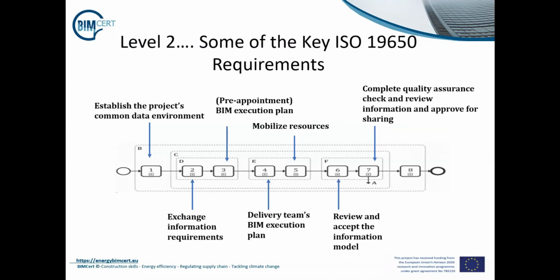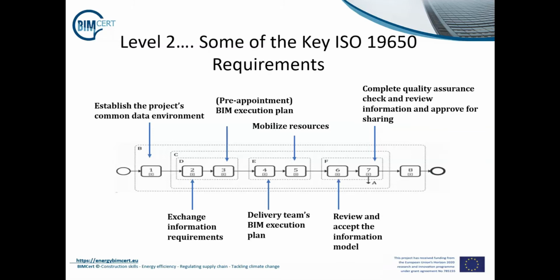While each of these activities have a number of sub-activities, the key activities are detailed here in this diagram. Number 1 is establish a common data environment. Then exchange information requirements can be established. Then a pre and post BIM execution plan. Then once this is completed, an appointment is being made.